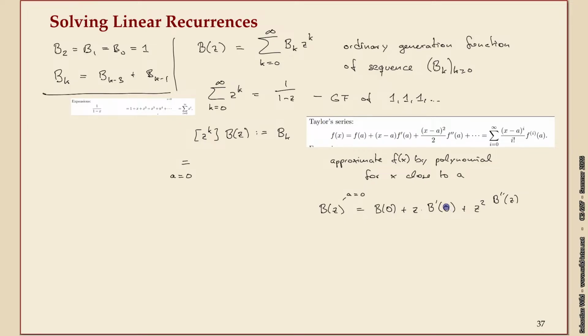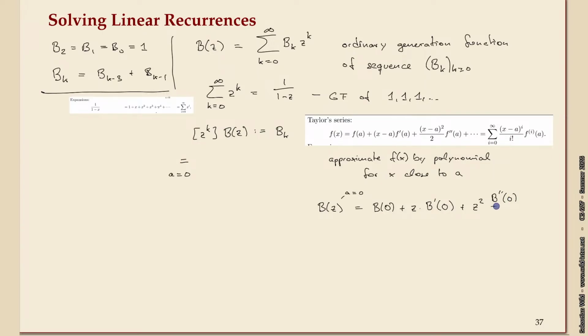Here I'm inserting the development point. That should be 0 all the way. Divided by 2. Let's do one more. The third is the third derivative at 0, and you divide by 3 factorial, or 6.